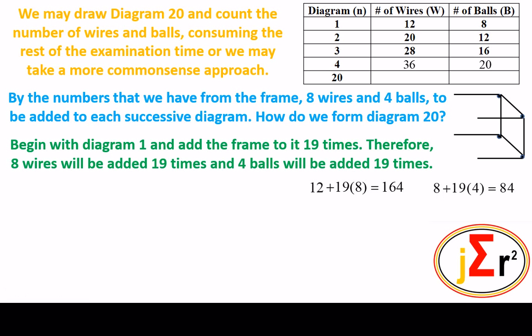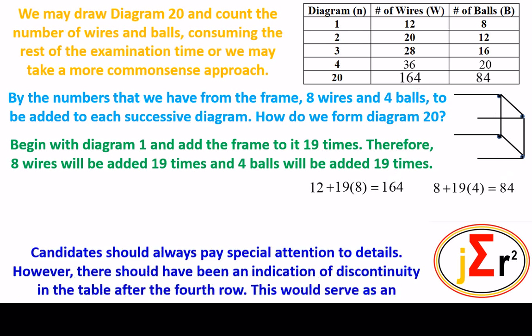Realize that the frame is not added to the first diagram. So the first frame will be added to diagram 2, and that is why to the 20th diagram we do not add 20 frames but 19 frames. 164 and 84.